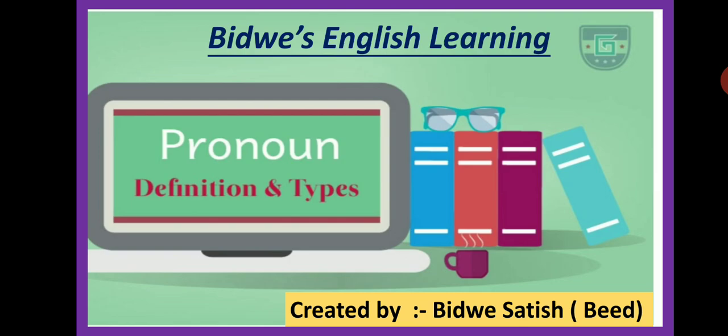From my first video till today, I have informed you about alphabets, words, sentences and parts of speech. Now I am giving you advanced information in detail about noun, pronoun, verb, adverb, adjective, prepositions, conjunctions and interjections.